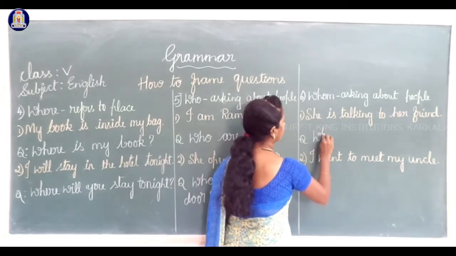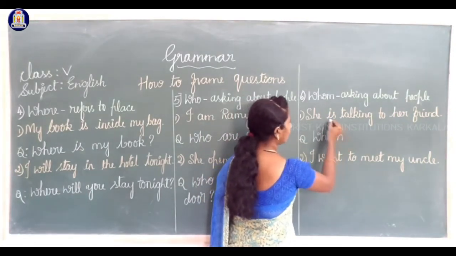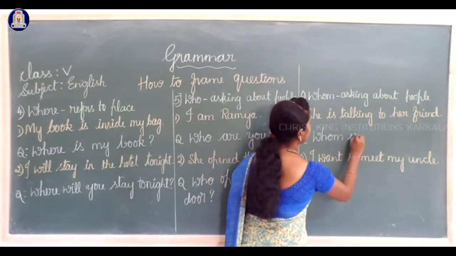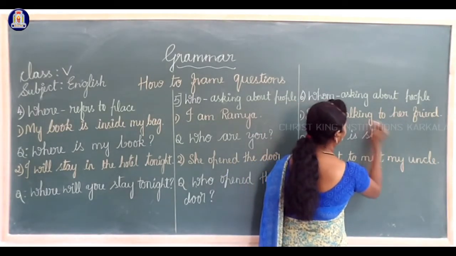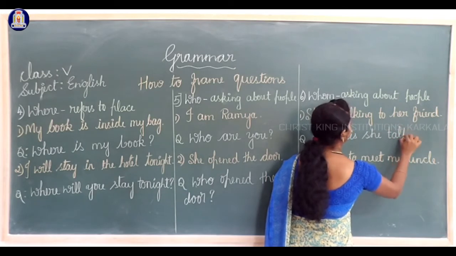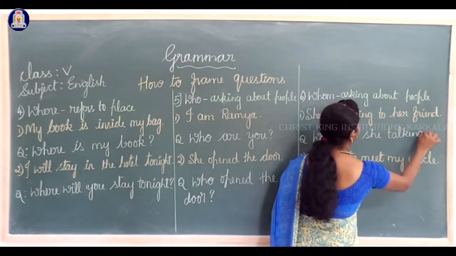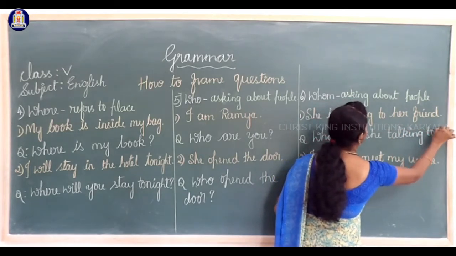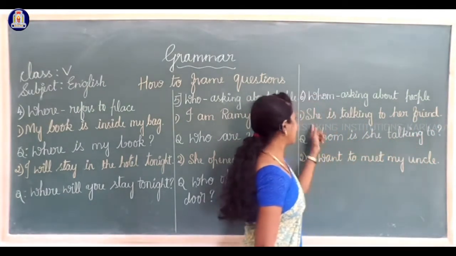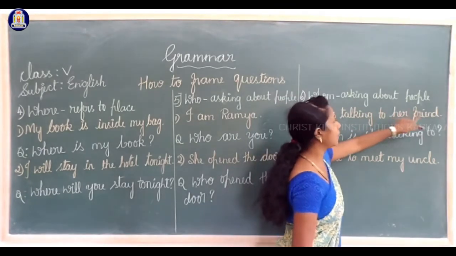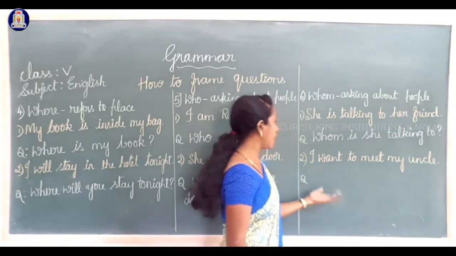We have to write, whom is she talking to? Question mark. Whom is she talking to? She is talking to her friend. See, we have an answer.